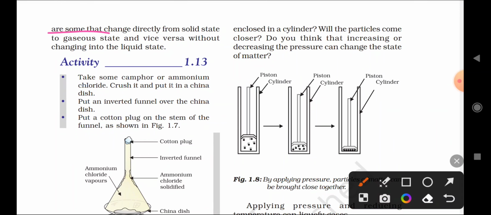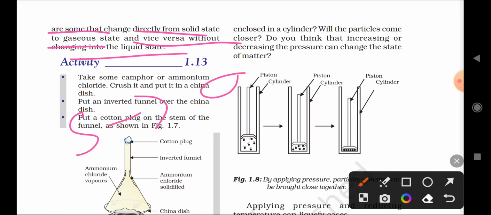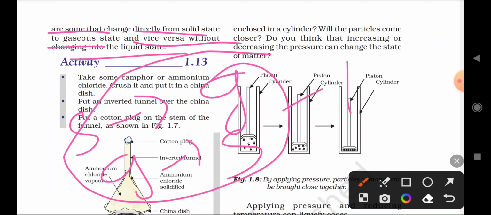So are there changes directly from solid state to gaseous state and vice versa without changing into a liquid state? Sometimes the solid converts into gaseous state, or gas converts into solid, without changing into liquid state.